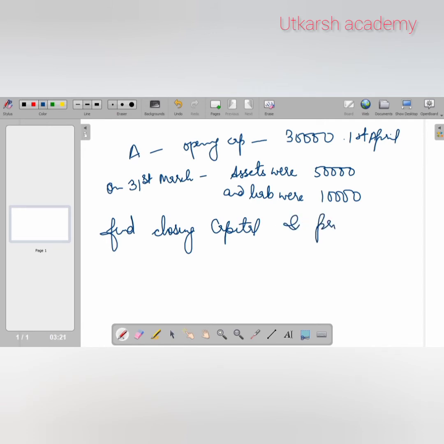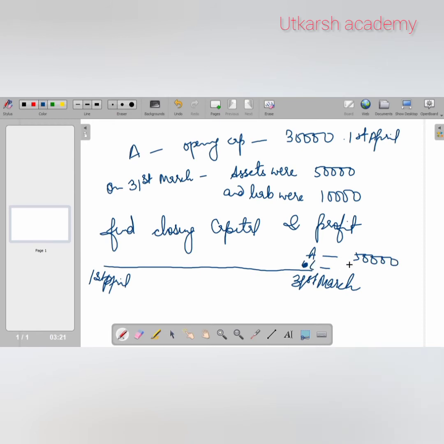So see, we know the financial year starts from 1st April and ends on 31st March, right? So what it is saying, on 31st March, asset stands 50,000, liability stands 10,000.